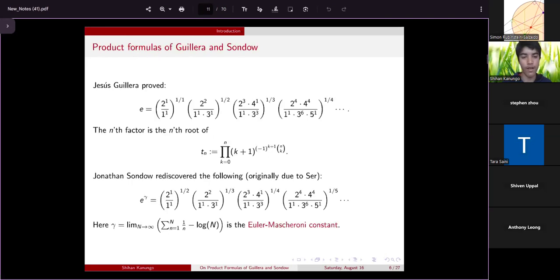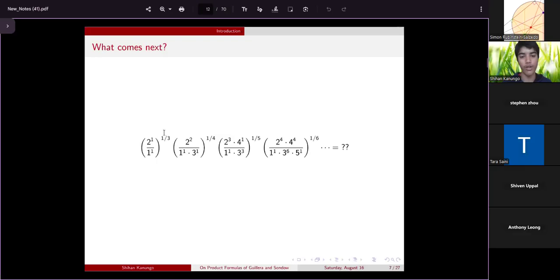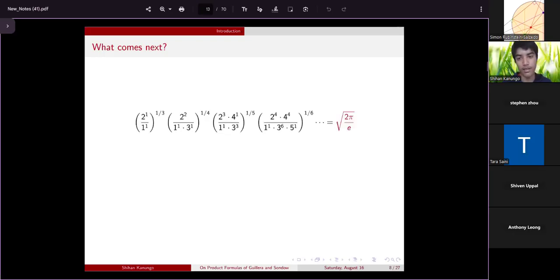If instead of 1/n we do 1/(n plus 2), and the bases are still the same, you could suspect that maybe it's something like e to the gamma squared. However, it's something completely different. It's the square root of 2 pi over e. The gamma has completely disappeared, and now we have a 2 pi. So it looks very different.